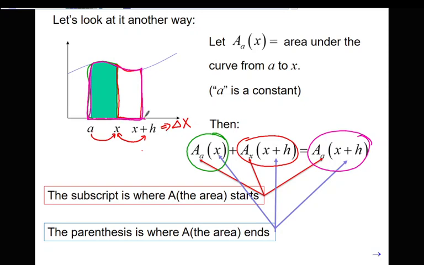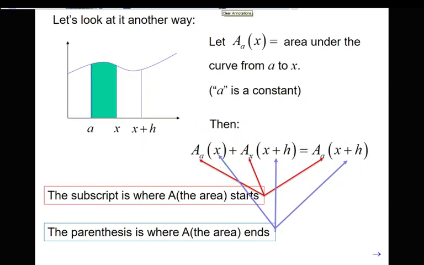Which makes sense. If I take the first area plus the second, that's going to be my total area. And that's right here. This is the first one, this is the second one, and this is my total area. So that's what this equation means.